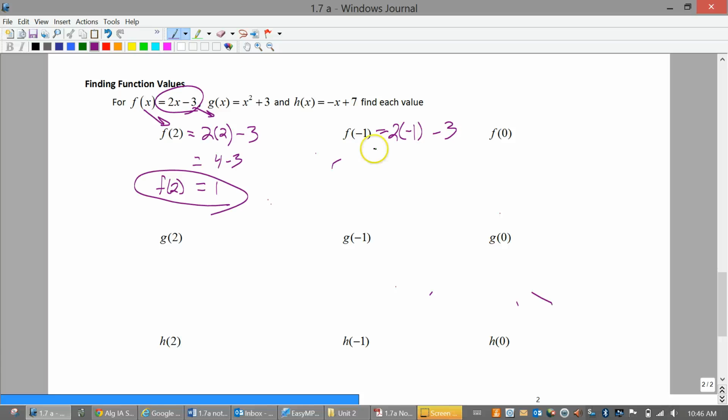Okay? 2 times -1 is -2 minus 3, right? -2 minus 3 is -5. So as our final statement, we're going to say function machine f takes the number -1 and turns out, no pun intended, turns out -5.